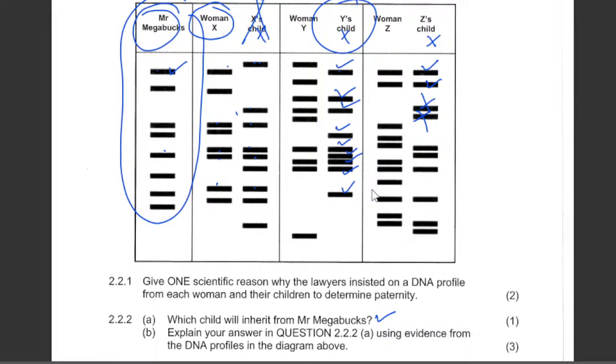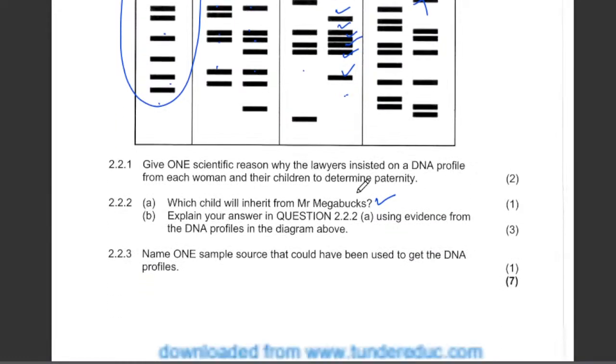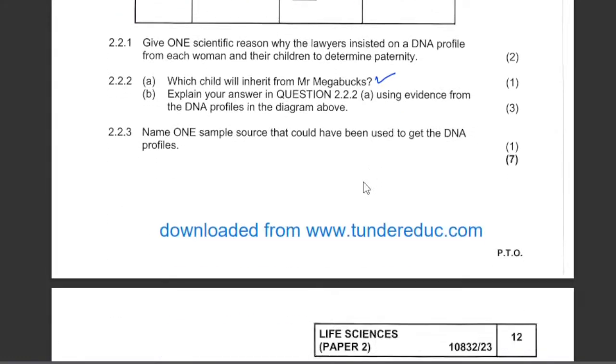Some match with the mother, the woman, and the remaining ones match with the father, or some match with the father and the remaining ones match with the mother. If you calculate, it's 50% matching with the mother, and the other 50% must match with the father to make it 100.